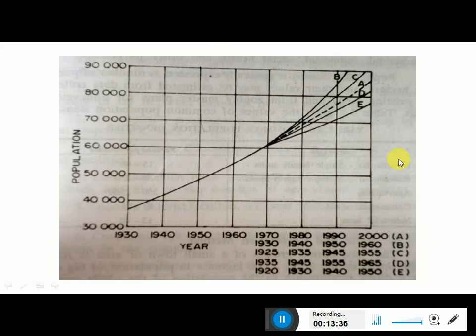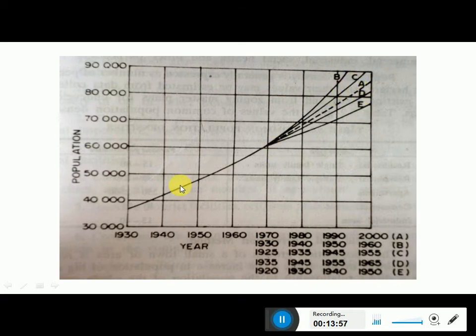Here you can see the different cities' populations, where A, B, C, D, E are different cities. Let us say if you take Karnataka as a region, then these can be the populations of different cities like Davangere, Mysore, Bangalore, Kalburgi, Hubli, Dharwad, something like that.